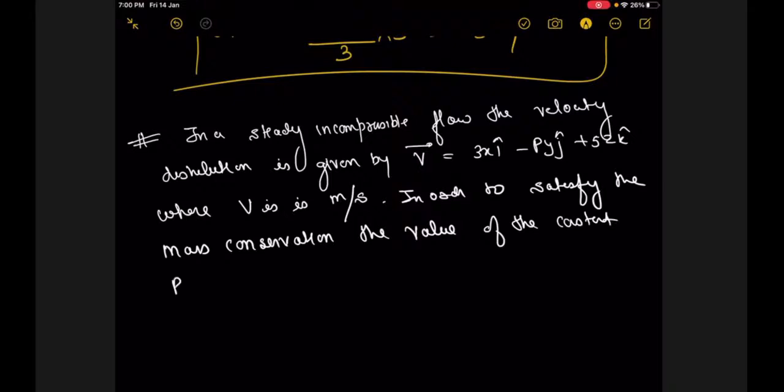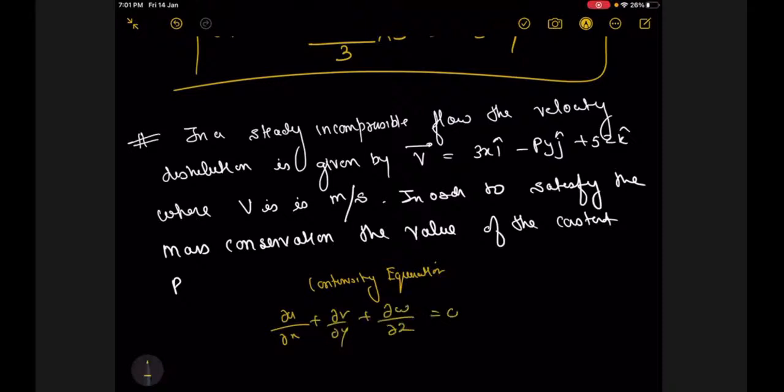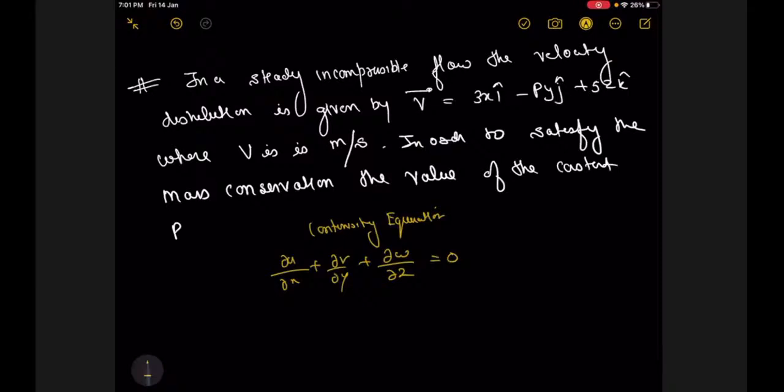So what is mass conservation? Mass conservation is basically the continuity equation. So it is del u by del x plus del v by del y plus del w by del z equals 0.